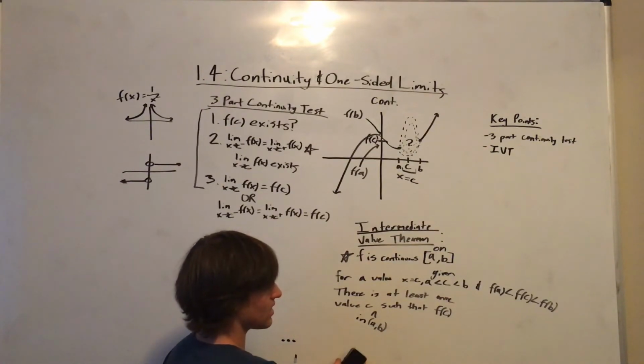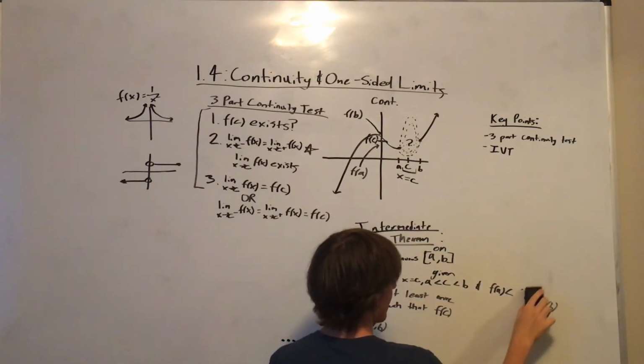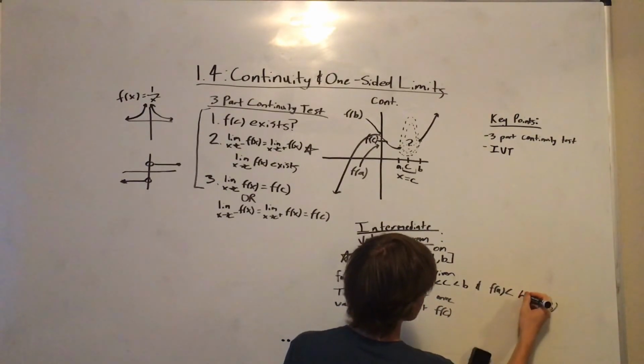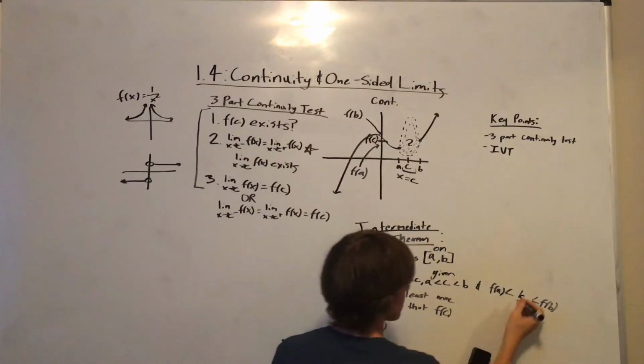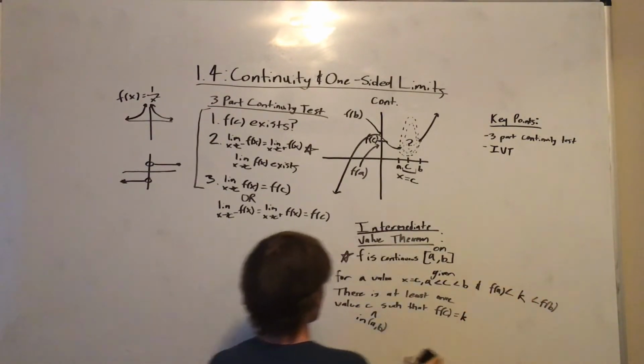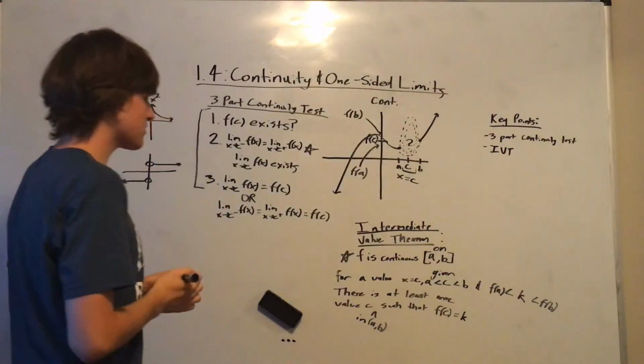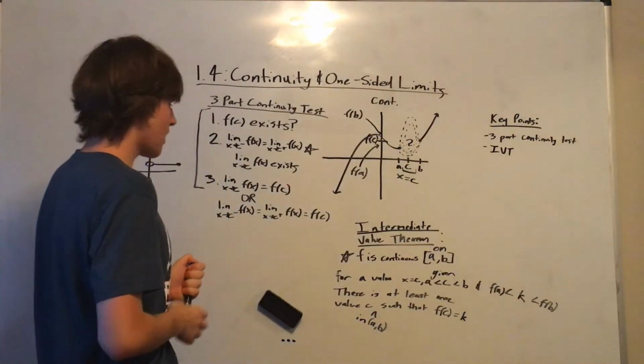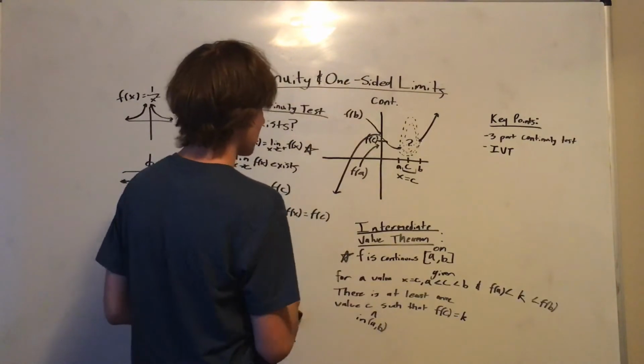Another way I've seen this written is with k right here. You put k there, and then f of c equals k. This is the preferred way of doing it, actually. So basically what this means, I'll decode the language.